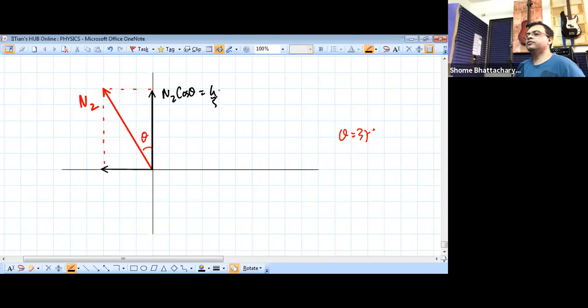So that will be 4 by 5 N2. And this will be N2 sin theta. That is 3 by 5 N2, because theta is 37.